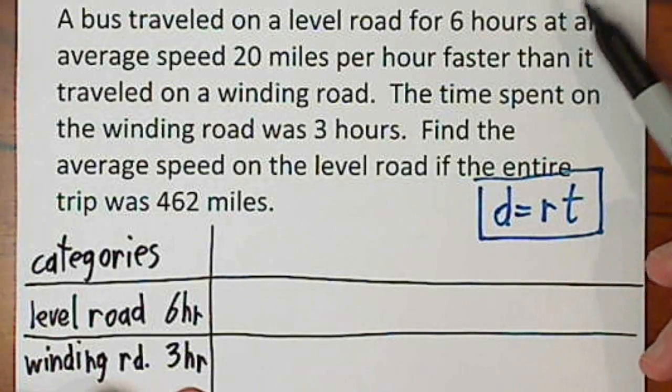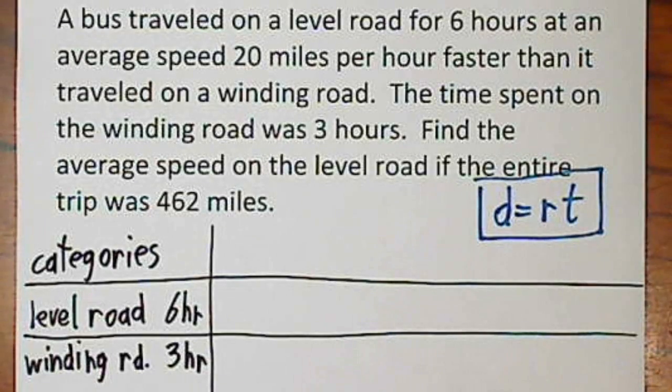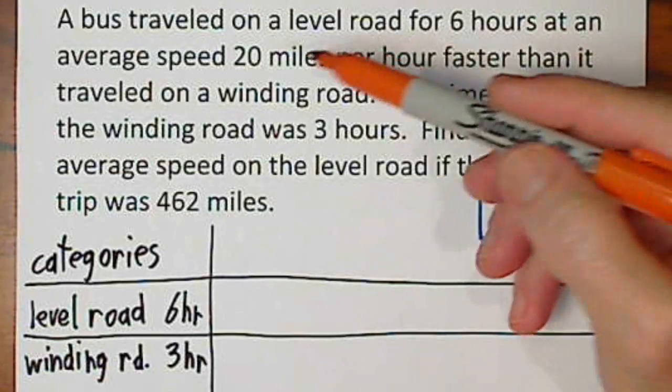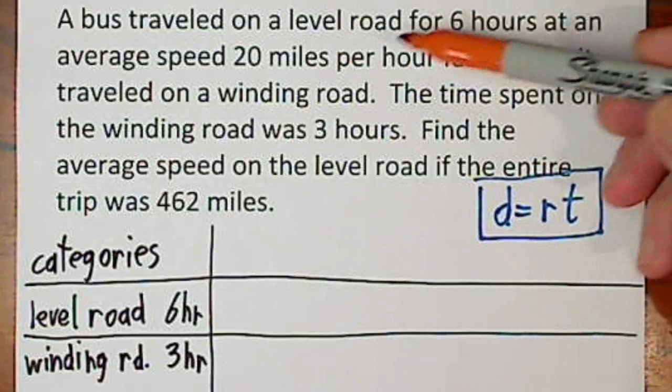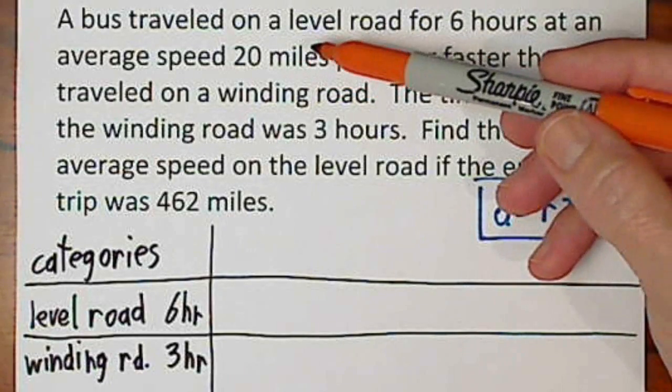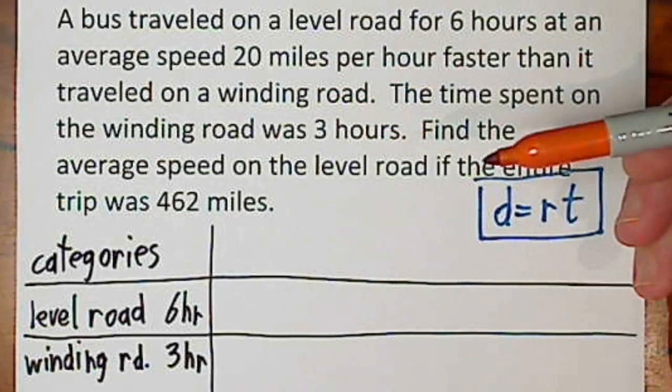So let's see. The speed or the rate is 20 miles per hour faster on the level road.